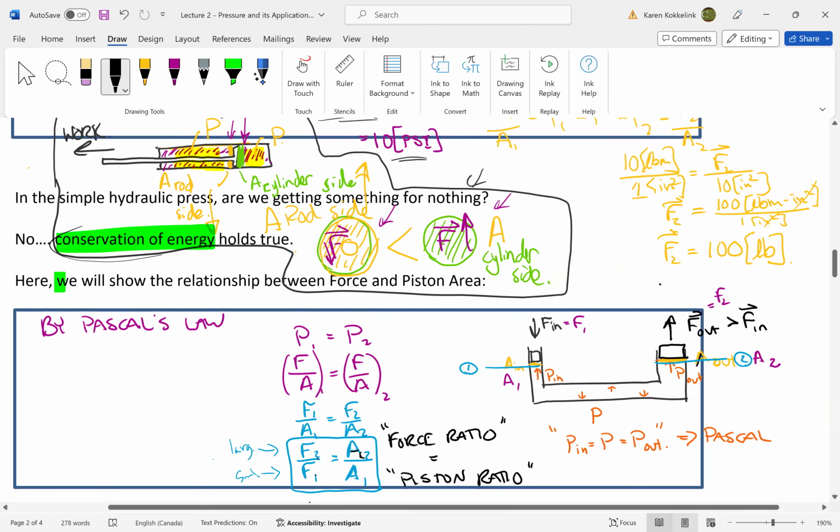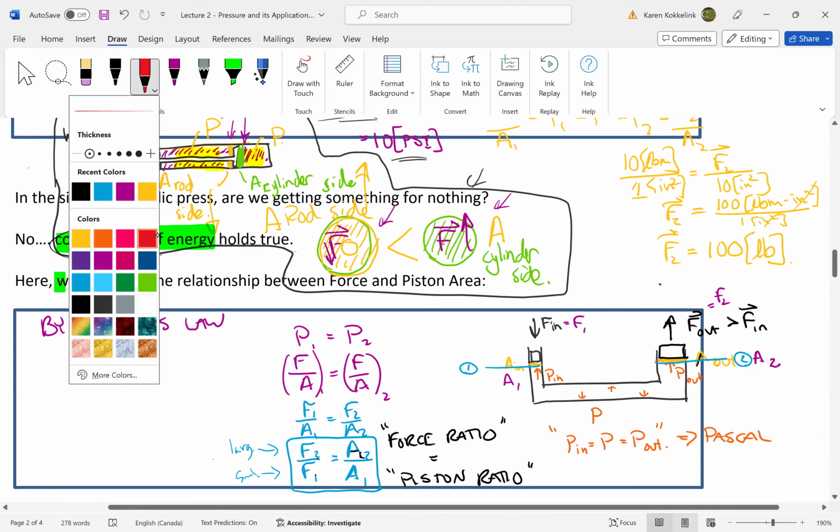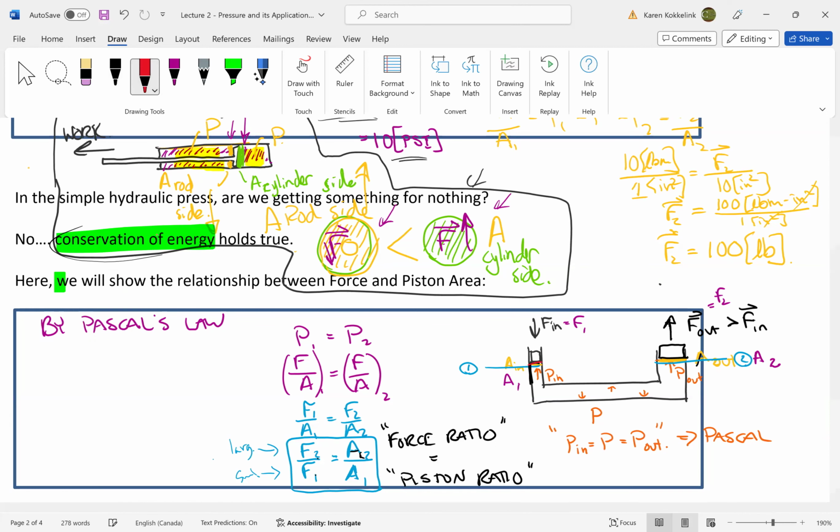The thing that we give up here is not for free. The fact that we haven't talked about yet is that this piston over here must travel a much bigger distance than this piston is going to travel.